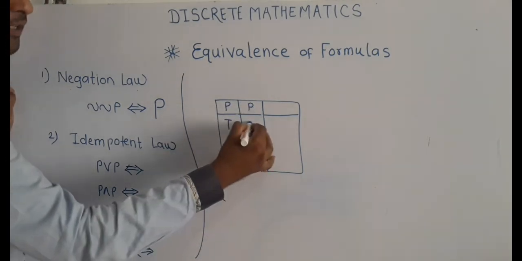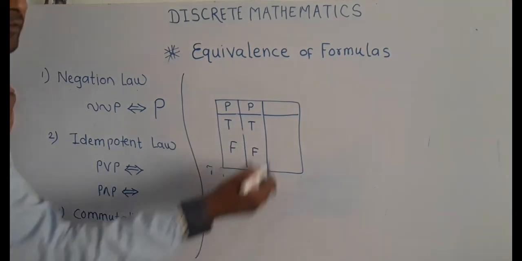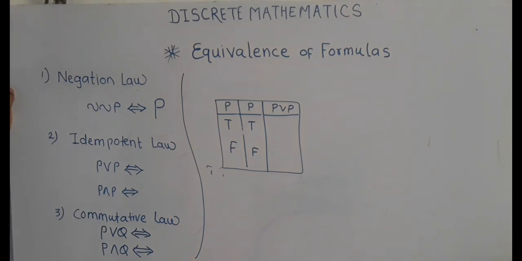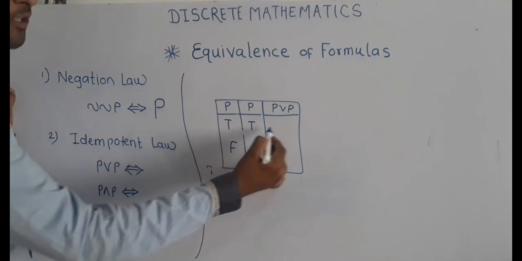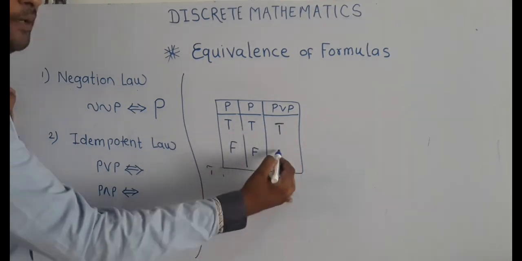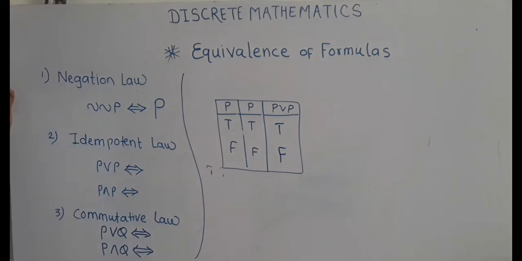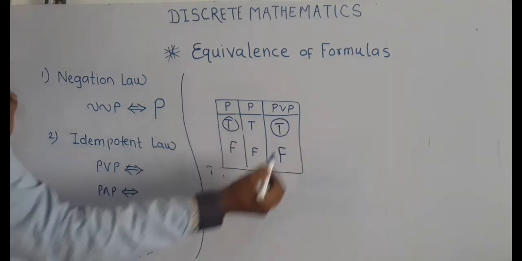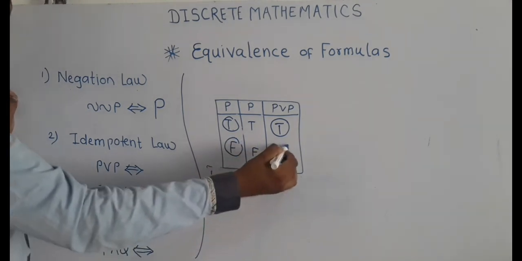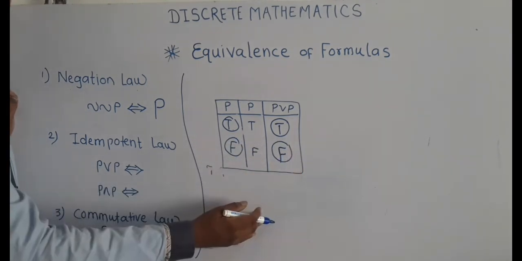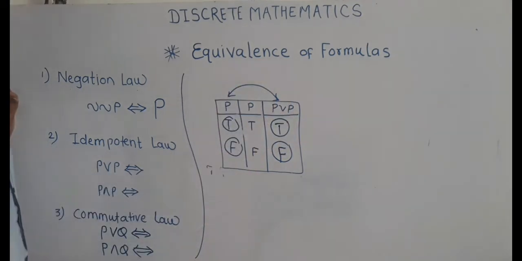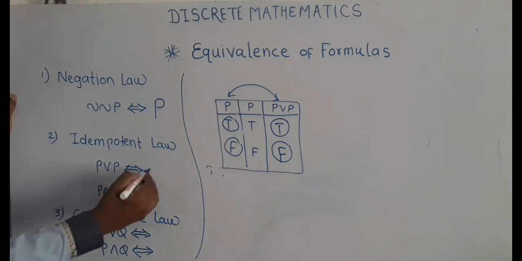If we find P or P, the definition for OR is if any one variable is true, then the final output is true. That's why T or T is T, and F or F is finally F. Means if P is true, then P or P is true. If P is false, then P or P is false. That means P or P is logically equivalent to P.